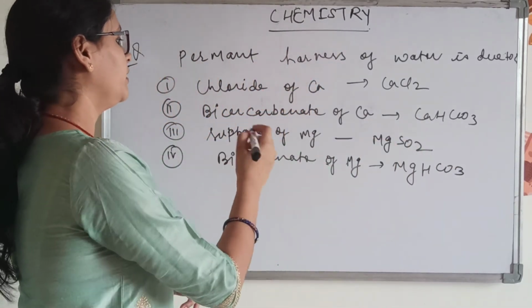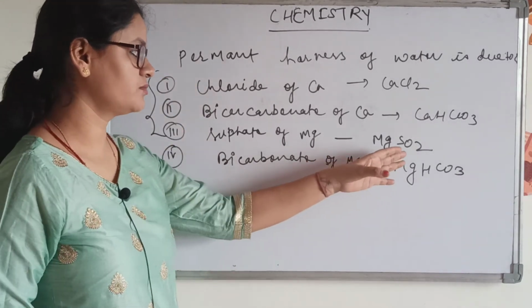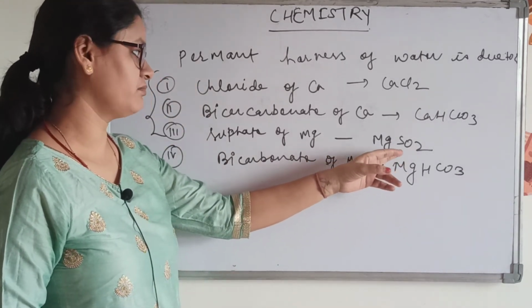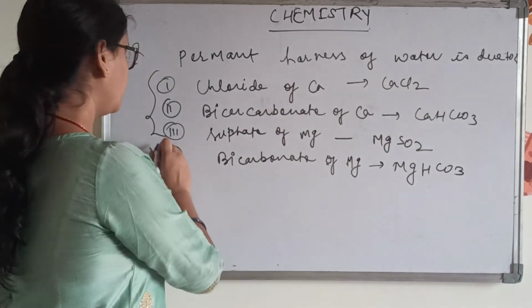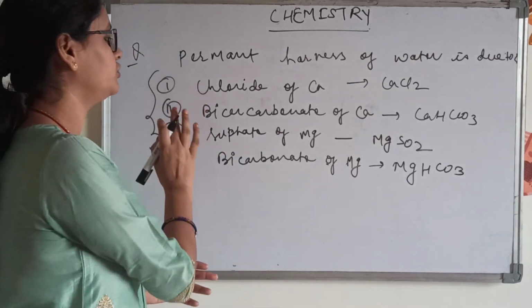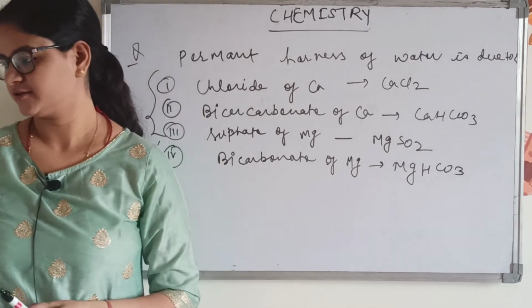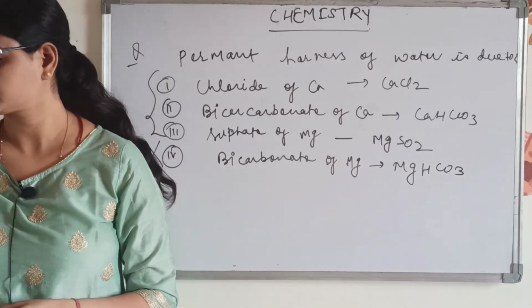So in permanent hardness of water, it happens because of chloride of calcium, sulfate of magnesium, and the other salts. Whatever option contains 1, 2, 3 will be our answer. So in this case, our answer will be option D.